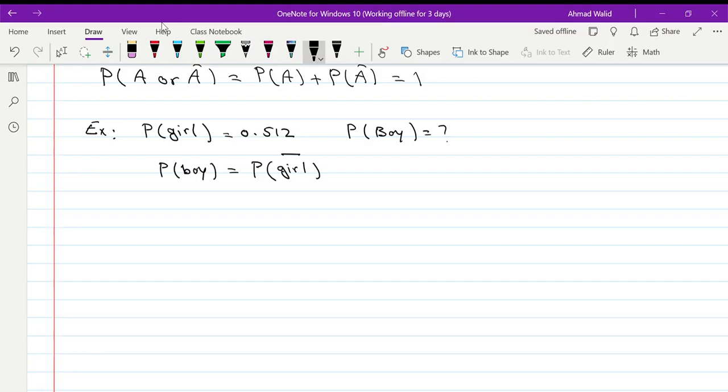And this one will be 1 minus P of girl, right? We did this lecture before. It means 1 minus, what is P of girl? 0.512, which gives you 0.488.